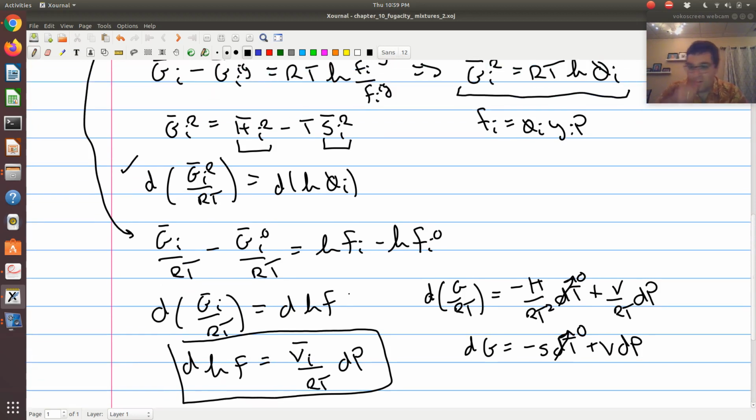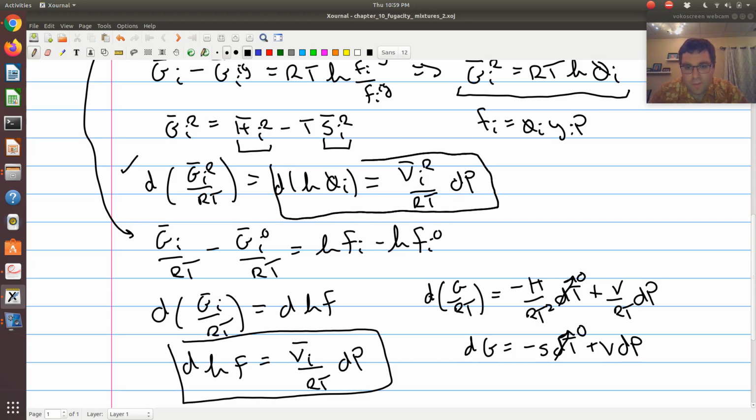And so why I said I would come back here is then I could say differential of log phi i would be V bar i residual over RT dP. Then V bar i residual over RT, so that would be partial molar volume V bar i minus partial molar volume of an ideal gas at the same conditions.